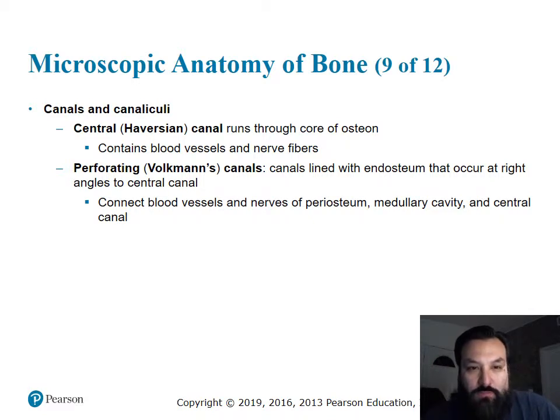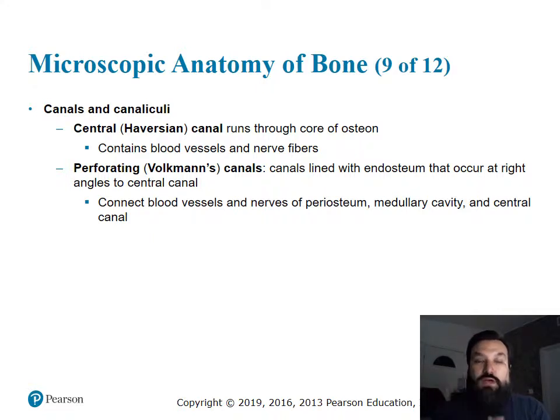Okay. So let's take a look at canals and canaliculi. Canals and canaliculi are little connections, if you will, inside of this laminae that we see here. When we look at a central canal, what we call a Haversian canal, this canal runs through one osteon.